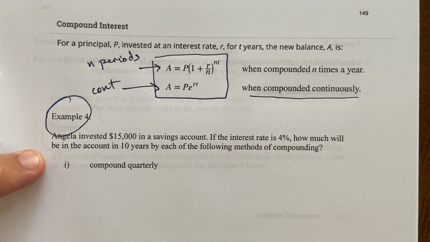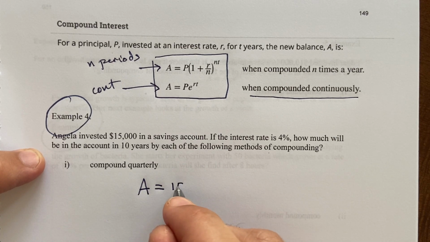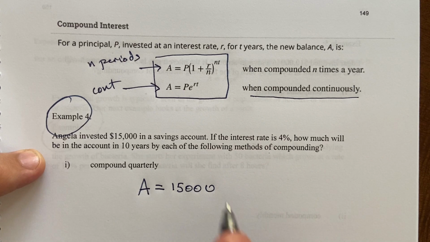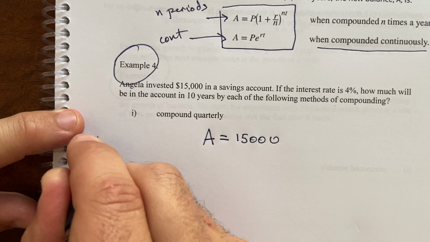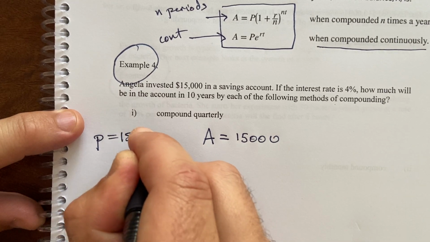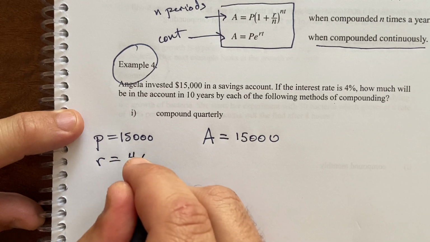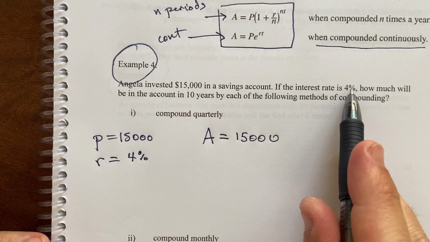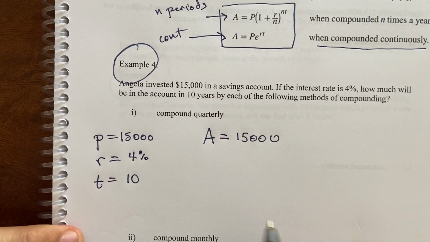So for Angela's amount, her amount would depend on that 15,000. So maybe I'll write over here first. I'll kind of identify things. So we have P is this 15,000. We have R, which is 4%. We have T is 10 years.